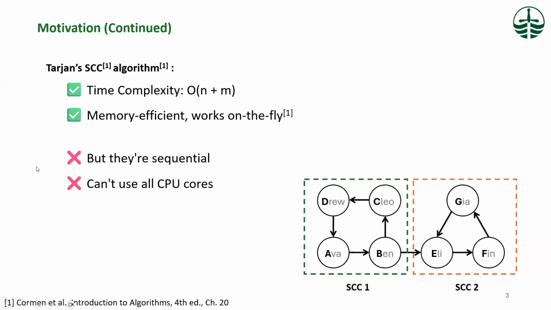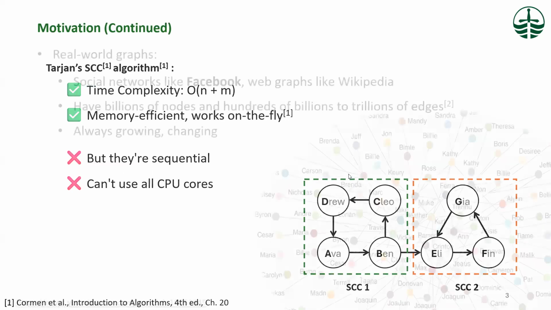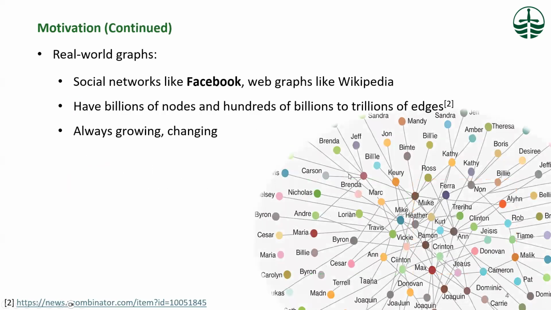Now, although this works well, it has some limitations. It works sequentially. Even if we have 64 cores in our machine, it can use only one core to explore and identify the SCCs. In this small example Tarjan's algorithm works fine, but what happens if we have millions of nodes?